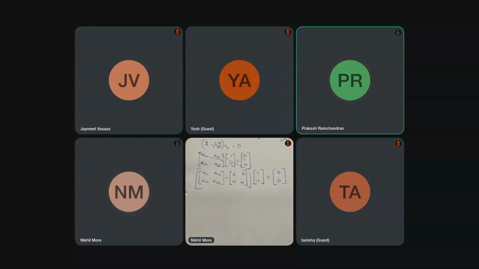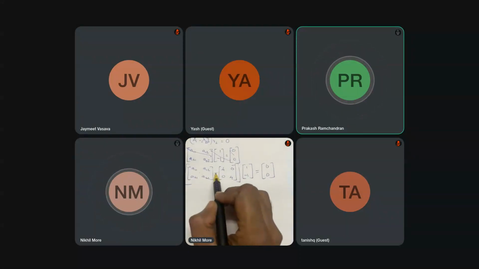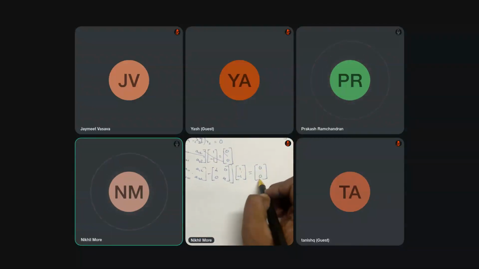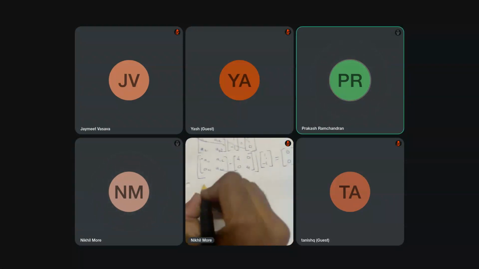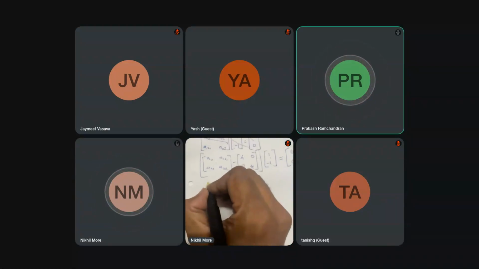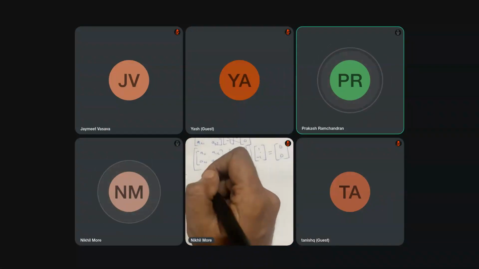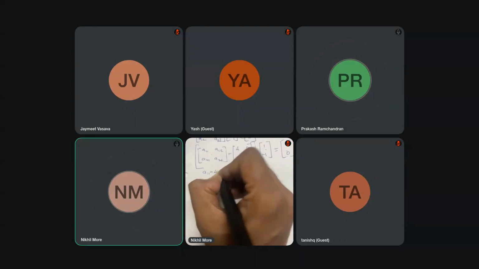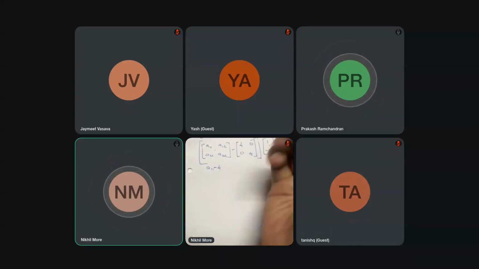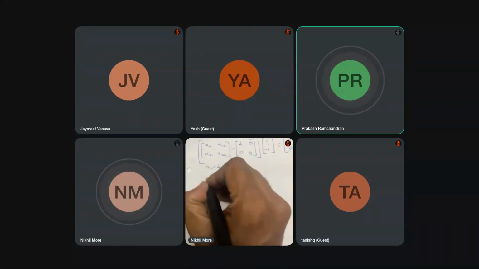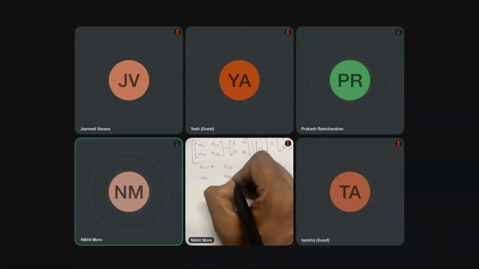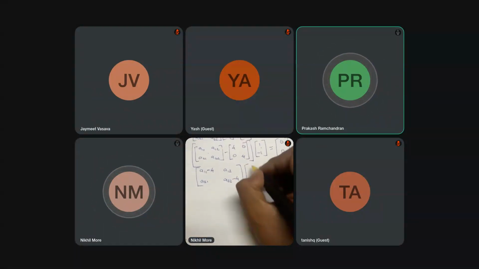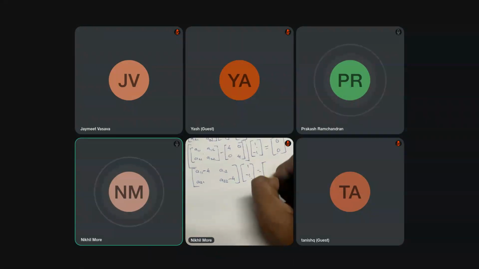So A minus lambda 2 I, the whole multiplied by V2, is 0. The identity matrix is multiplied by lambda, which is how it comes to a diagonal matrix of 4, 4. So A11 minus 4, A12, A21, A22 minus 4, and that whole thing is multiplied by 1, minus 1, and is equal to 0, 0.